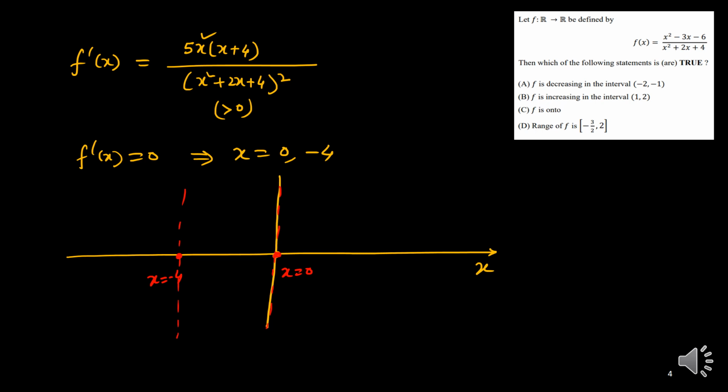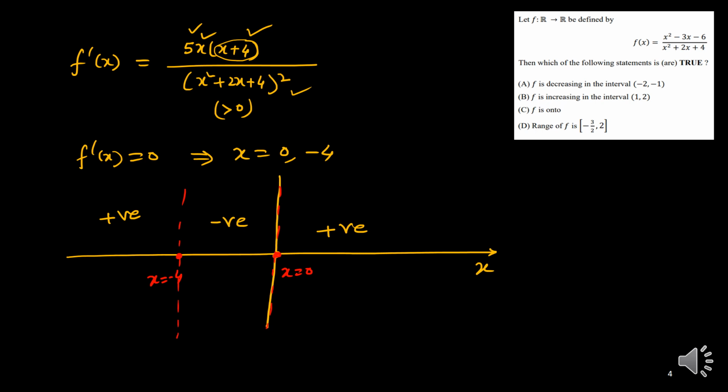Now from 0 to the right side, when x is more than 0, this factor x is positive, and x plus 4 is also positive. So both the factors will be positive, and the numerator is always positive, so this side will be positive. For any value to the right of x equal to 0, f prime x will be positive. Then it alternates. This will be negative, and then this will be positive, right?